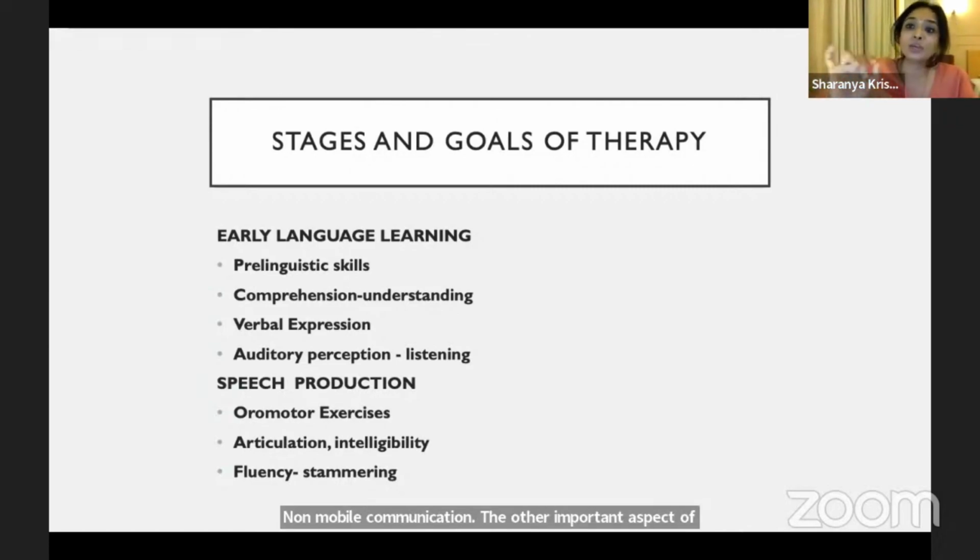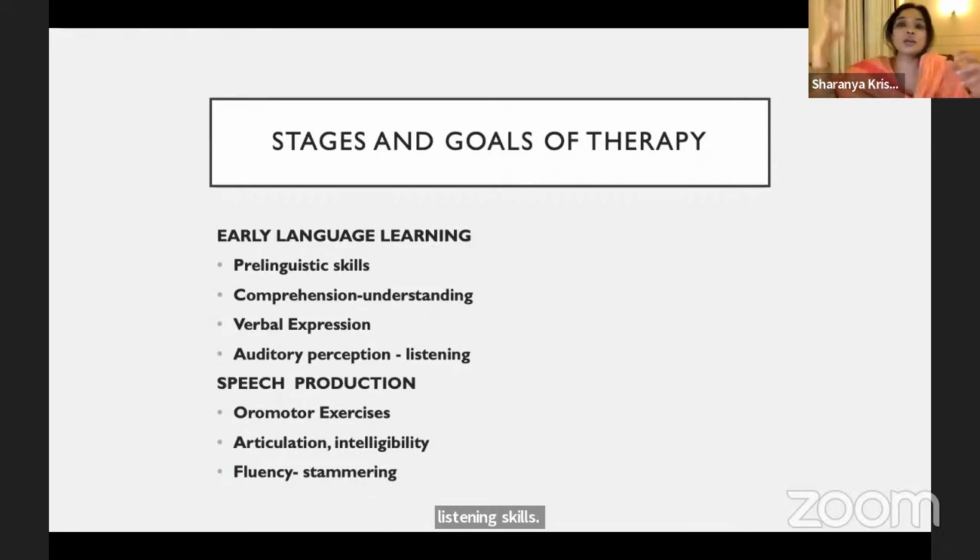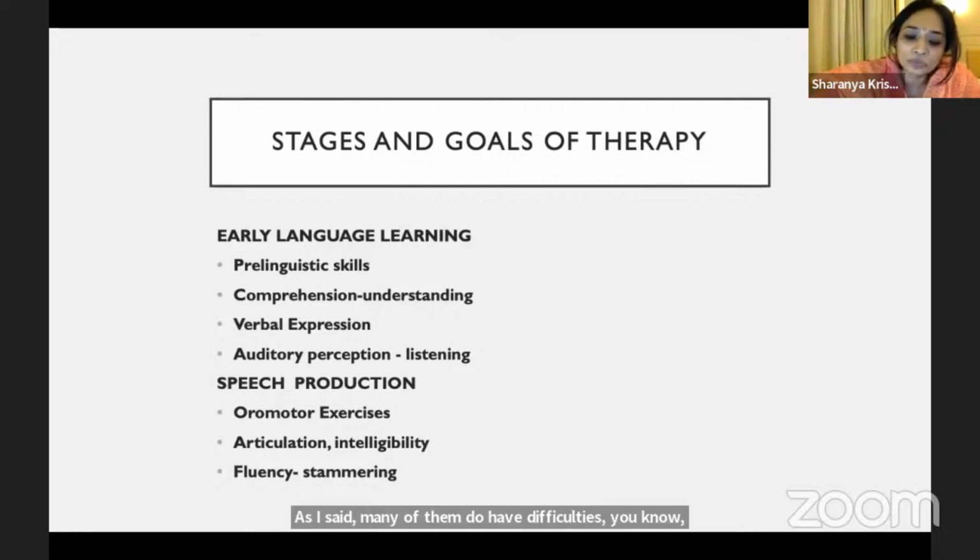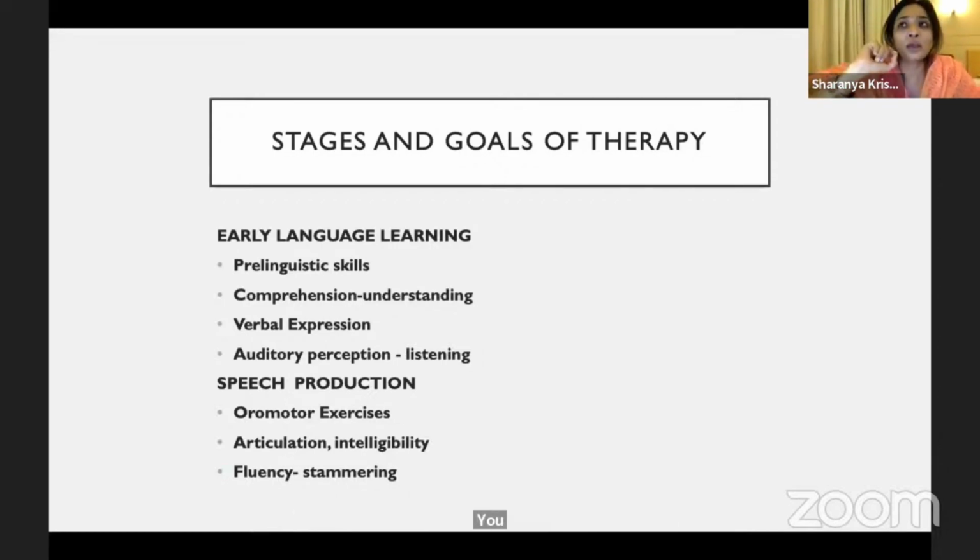As I said, many of them do have difficulties in their sensory abilities. So it is very important for us to work on listening, perception, and the ability to listen and execute commands.